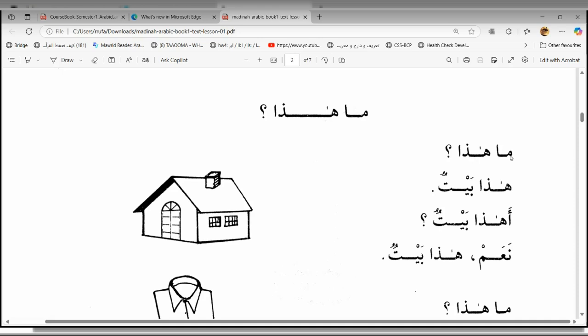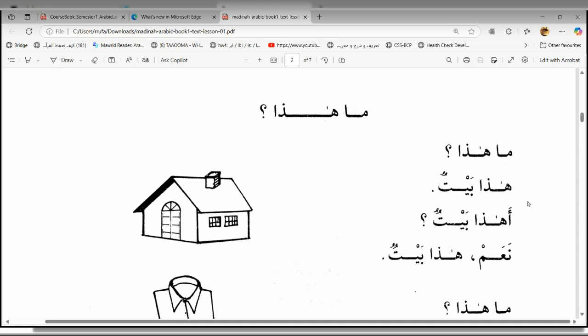But you see that in Arabic there is no is. You just have what, this. But it means what is this? The same thing with hadha bayt. This house. But really it means this is a house.